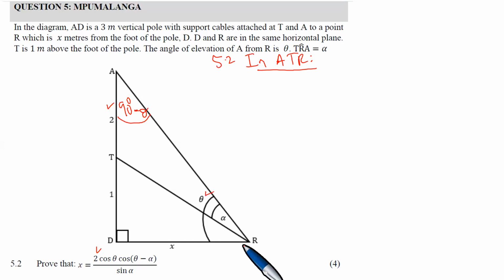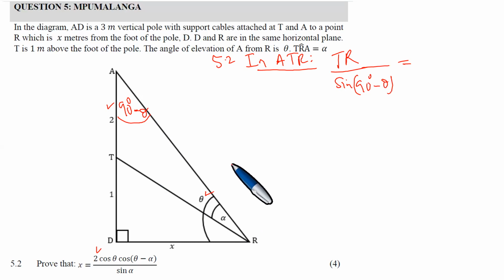Because we need to get TR, we start with the side TR. We divide by the sine of the angle opposite, which is this one here. So it is the angle 90 degrees minus theta. So you put 90 degrees minus theta, and this equals.